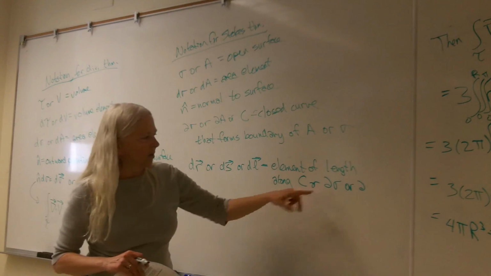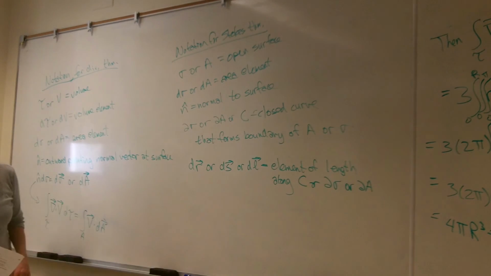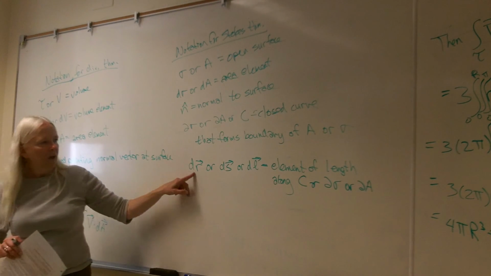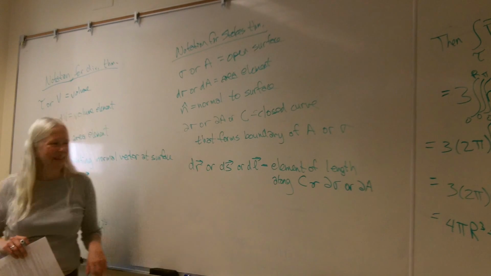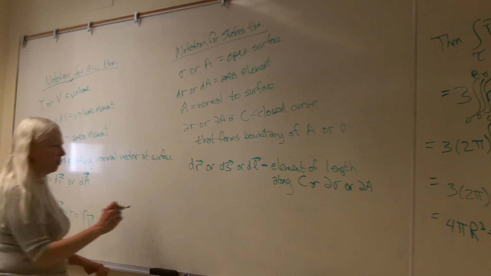So the curve C or delta sigma or delta A are all names for the same thing, and an infinitesimal element of length along them. Different books will use those possible sets of notation. Again, I'm trying to stick with the dr because that's what our book uses.